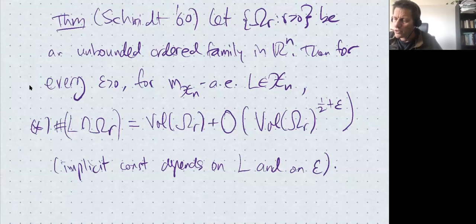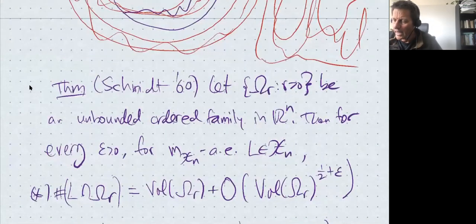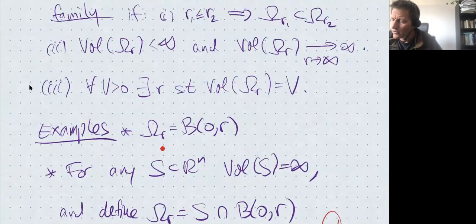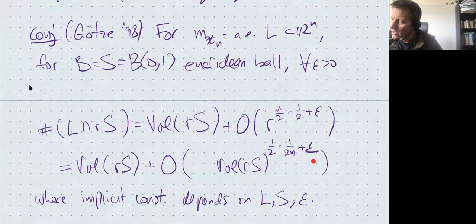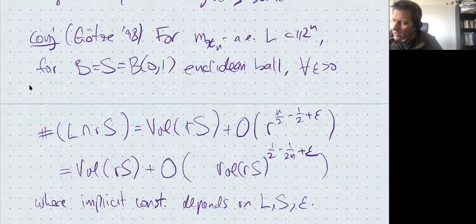It's a very general theorem in terms of the collection of bodies. It's any unbounded ordered family, so that's a huge possibility. One case is these balls. And in the case of balls, if you compare to the conjecture, the conjecture says that the power should be 1/2 minus 1/2n plus epsilon, and Schmidt gets 1/2 plus epsilon. So Schmidt is coming quite close to the conjecture, and he's not using any particular features of the sets. In particular, he's not using any symmetries that the Euclidean balls might have.